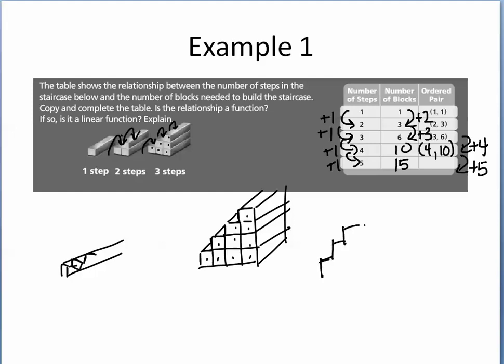1 step, 2, 3, 4, 5. And then we draw our blocks. Alright, so 1, oh wait, did I get them all? Yeah, 1, 2, 3, 4, 5, 6, 7, 8, 9, 10, 11, 12, 13, 14, 15.